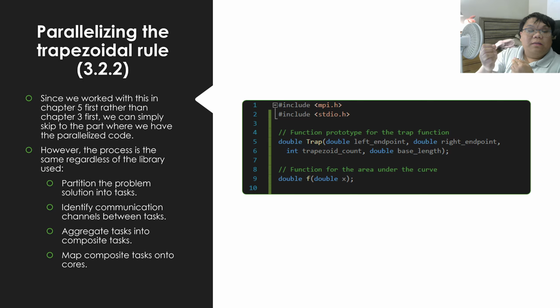It must distribute the work of calculating each trapezoid's area and then gather all of those areas into one single variable. It is basically the same process as we were working with OpenMP, so the steps are going to be the same. Partition the problem solution into tasks, identify communication channels between tasks, aggregate tasks into composite tasks, and then map those onto cores.